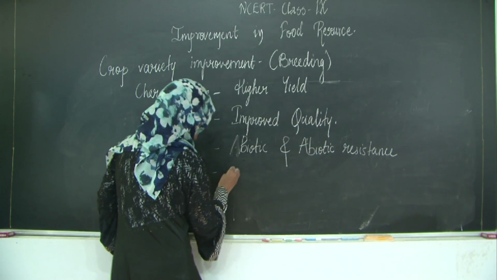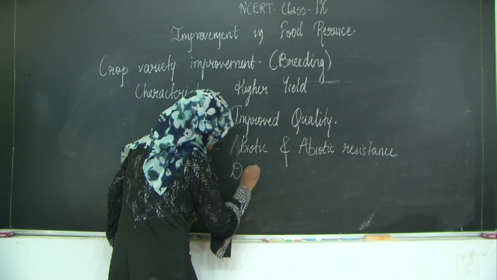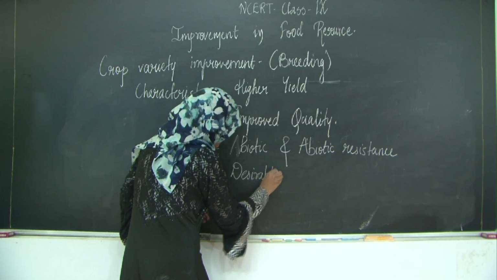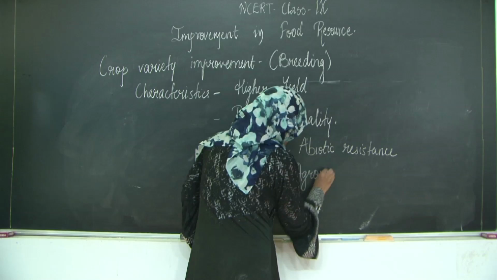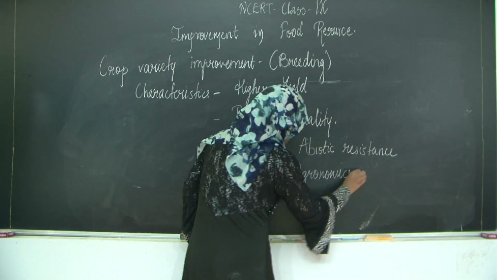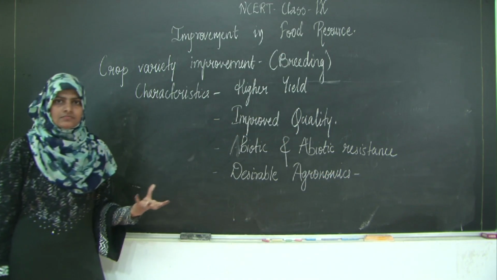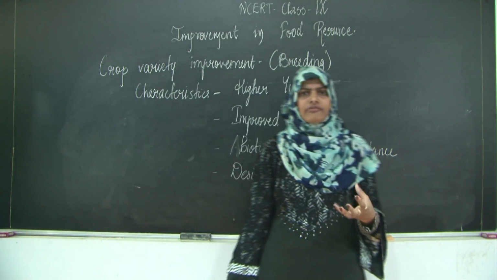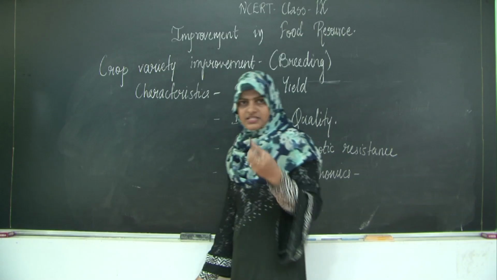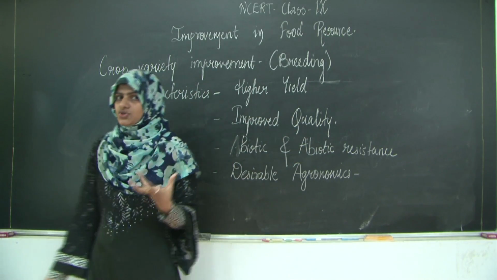Then you have desirable agronomics. Okay. Now why do we grow the plant? The farmers grow the plant to sell it. Whatever crops they grow, they sell it. For example, if the cotton fibers are thin, they give less money.